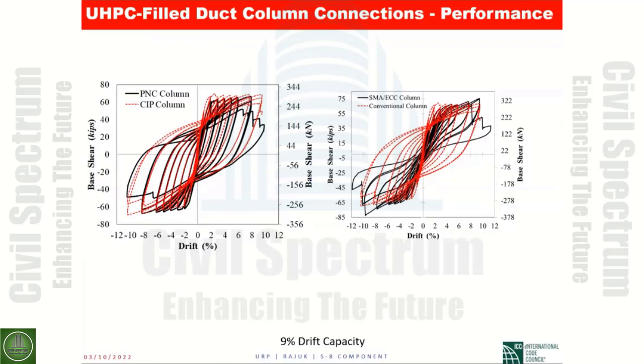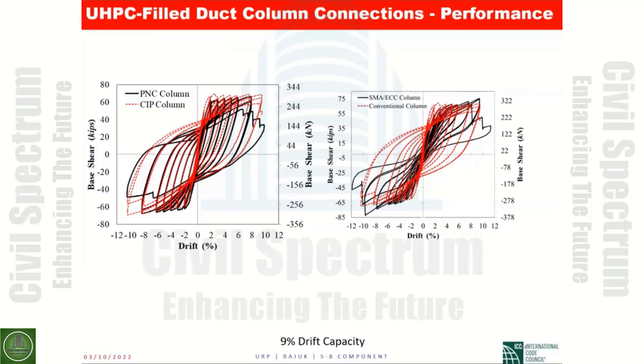The graph on the right side here shows the result for the shape memory alloy. I don't have time to get into much details of that. The idea of shape memory alloy is super elastic, so what it does, it prevents permanent displacement of the column. So if you look at the right side, the red ones again represent the CIP column or a conventional column.